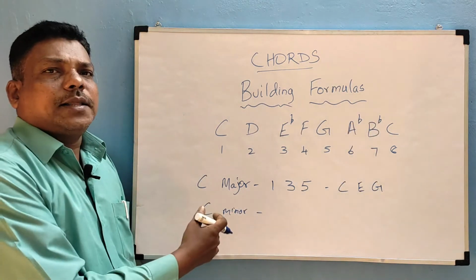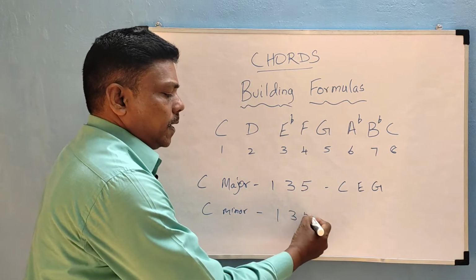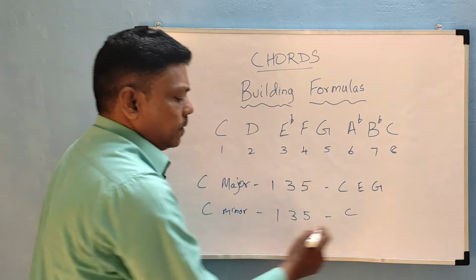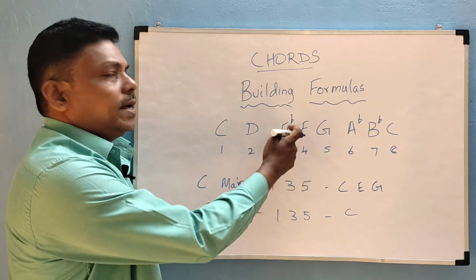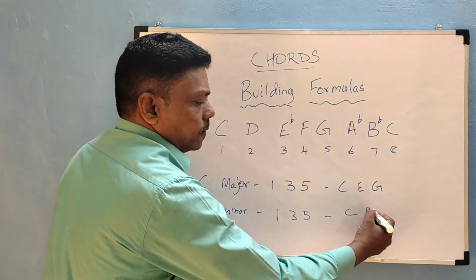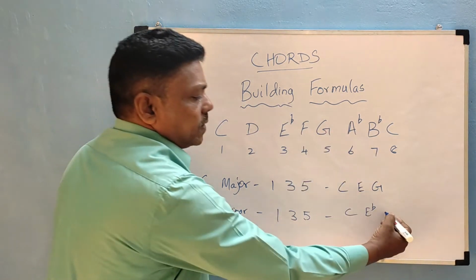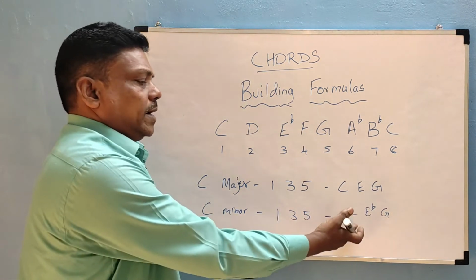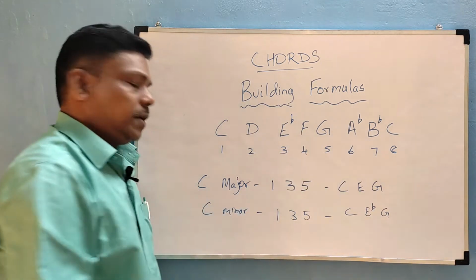Now they will apply the same formula: 1, 3, 5. So what is 1? 1 is C. What is 3? In the C minor scale, the third degree is E flat. 5, what is 5? 5 is G. Anyway, you got the answer correct. C minor chord, the notes are C, E flat, G.